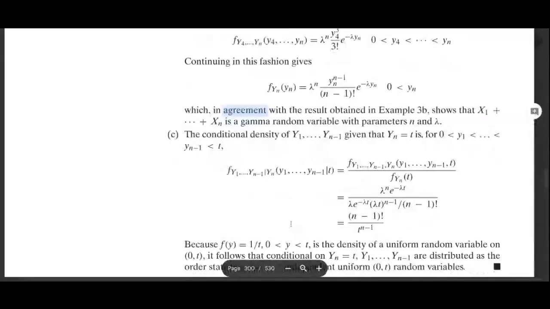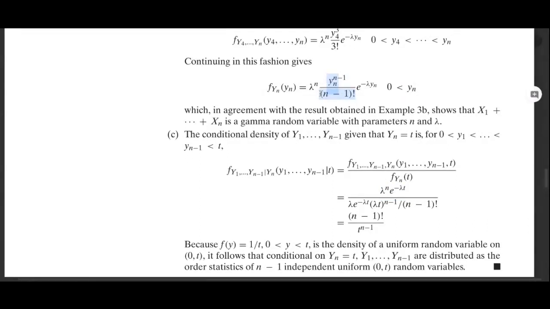Let's see C. The conditional density given that yn equals t, right? With all this, only the nth term is t. Excuse me. So that's lambda raised to n e to the negative lambda t, right?